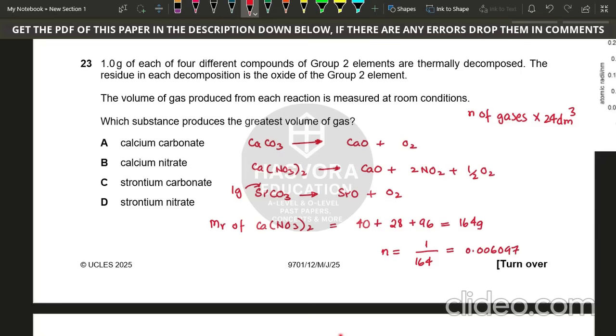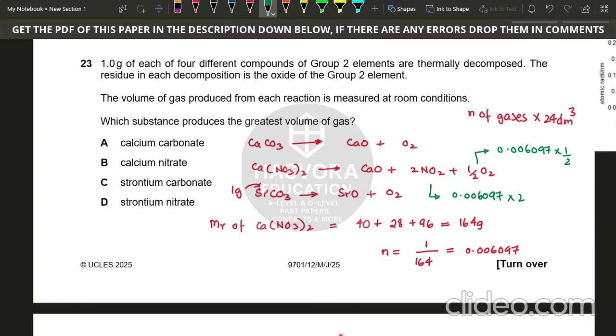0.006097. Okay, and now you can use the balanced equation. So you have to multiply this mole. For this one, let me pick up a different color. So it will be 0.006097 into 2, and then for this one it will be 0.006097 into half. Okay, so let's see.